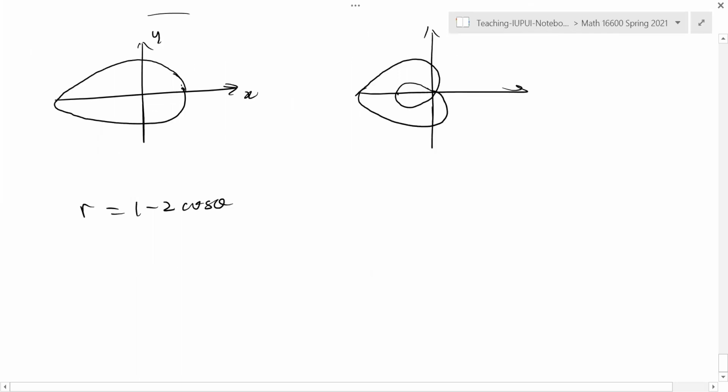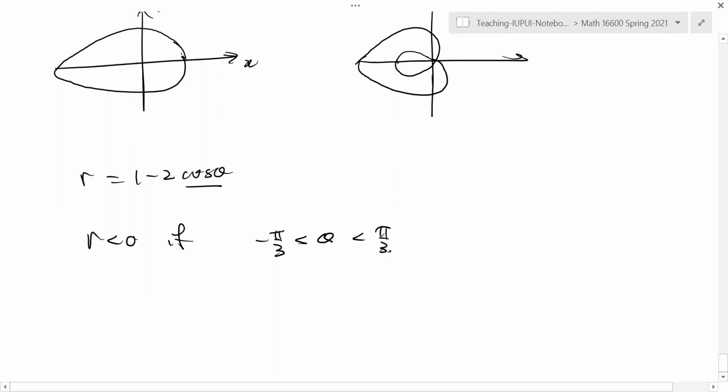You will see that r is going to be negative if theta is between negative pi over 3 and positive pi over 3. The reason is cosine pi over 3 is 1/2, cosine negative pi over 3 is also 1/2, and 1 minus 2 times 1/2 is 0.